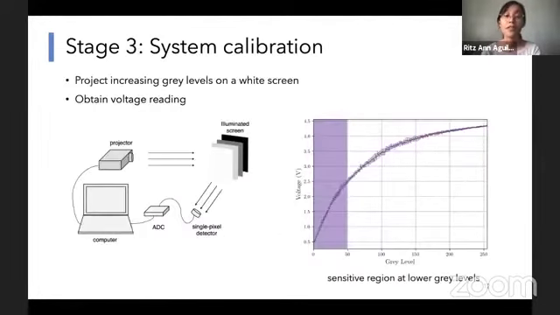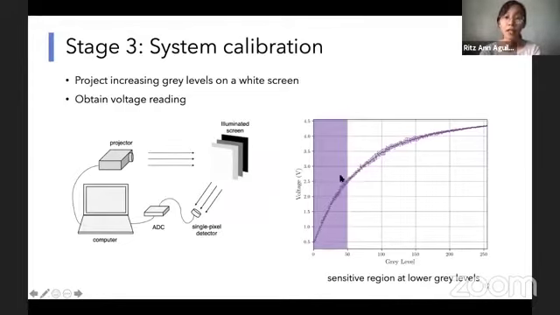The next step is to do system calibration, wherein you project increasing gray levels on a wide screen, and then you obtain the voltage reading. As you can see here, LDRs have a nonlinear response. This is voltage as a function of gray level, which is proportional to intensity level.